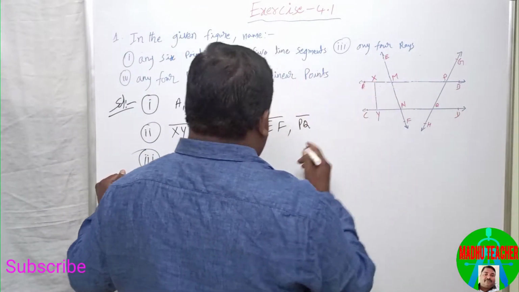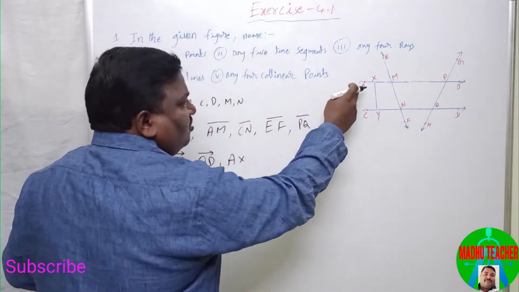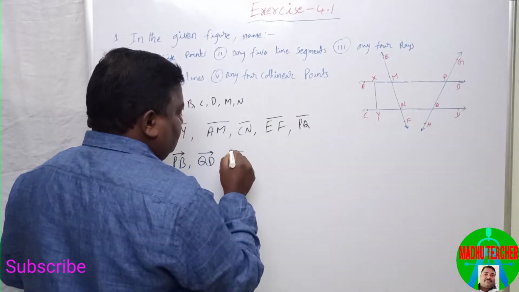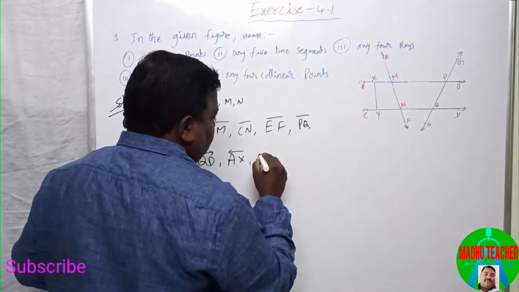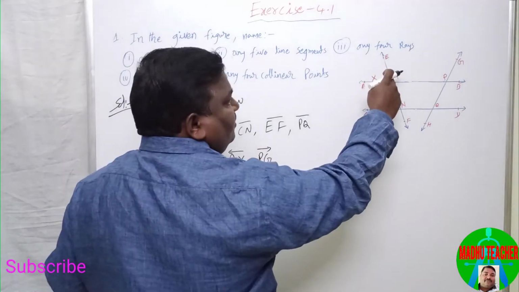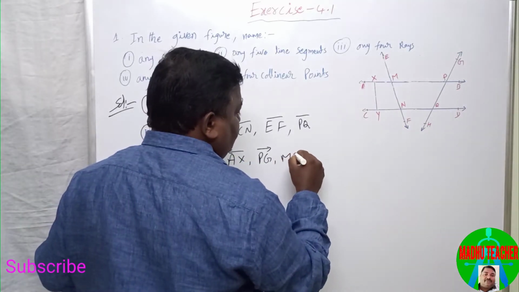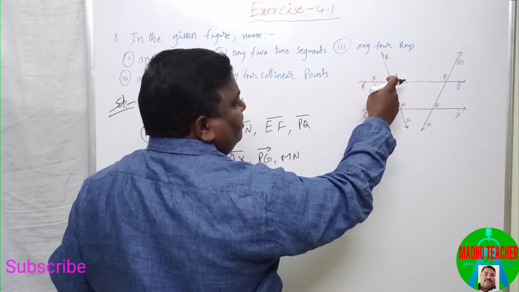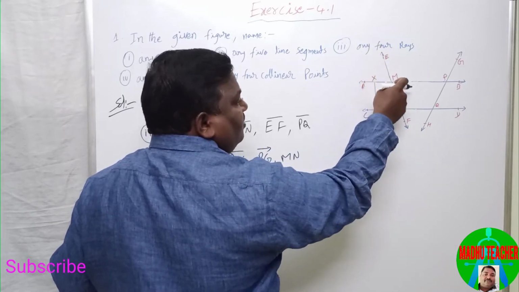Here AX is also a ray, arrow mark on the A side. PG, arrow mark on the G side. MN: we can write either this ray or this ray.